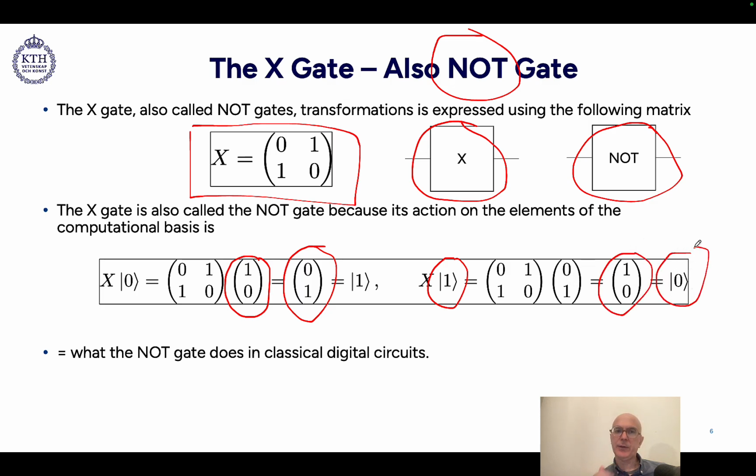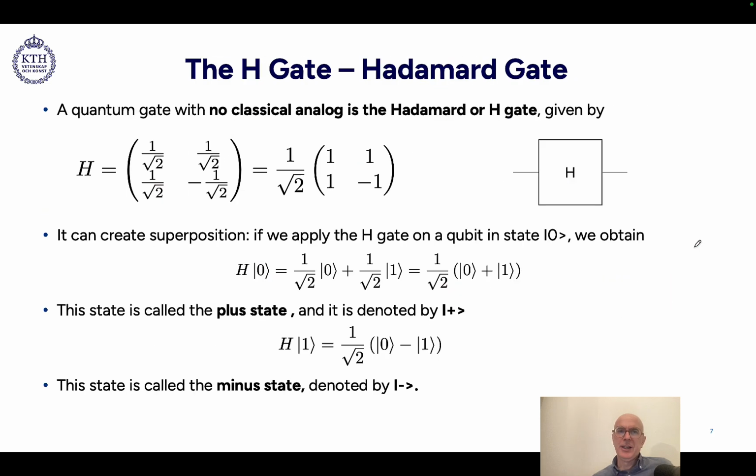So it's just flipping. In general, let's say that we have a general qubit state in a superposition. What the NOT gate does is just flip the amplitudes of the state vector. Something that is very peculiar to quantum computing and quantum circuit formulation is the so-called H gate, also the Hadamard gate.